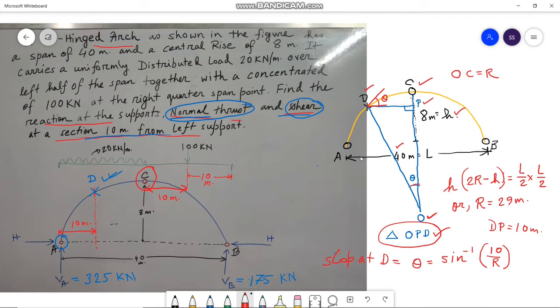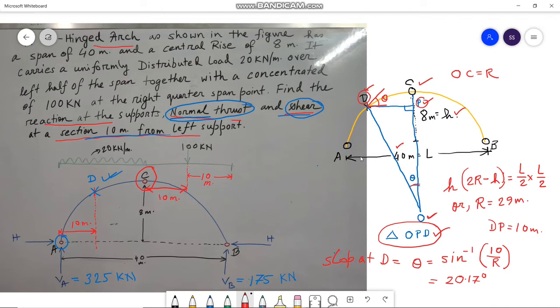That is, D is this point and P is this point. So we have 20.17 degree.